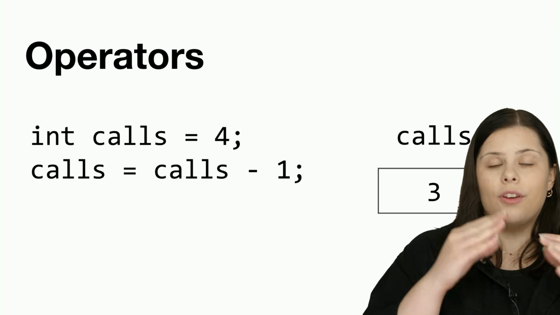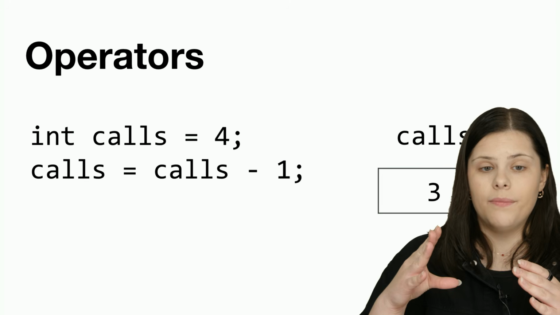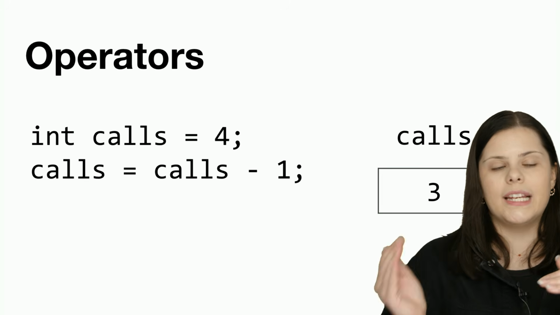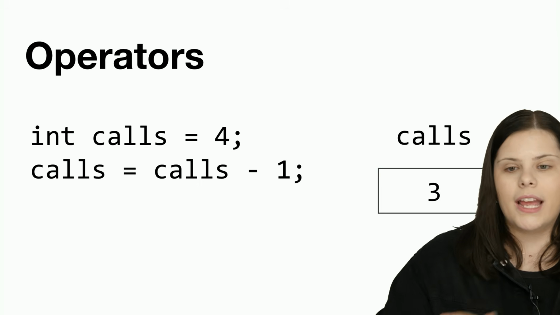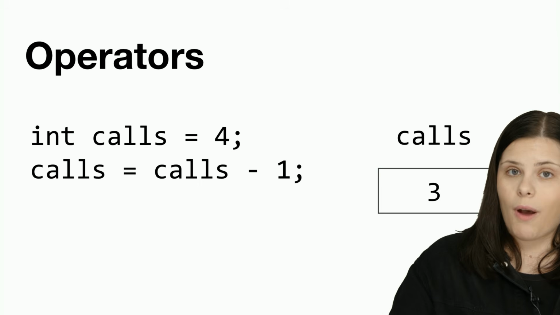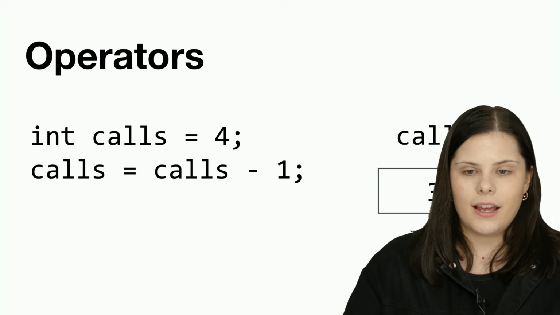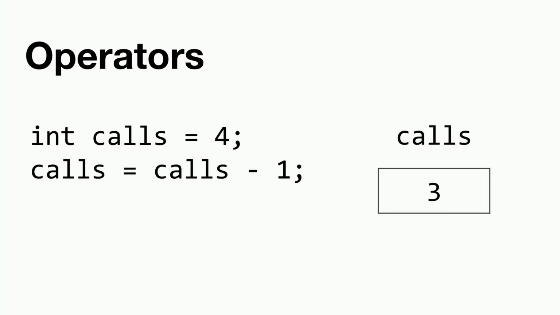And so we're doing the operation 4 - 1, which will be 3, and then assigning it back to our variable calls, creating the new box that contains value 3. And you can also use multiplication and division, the same idea of grabbing the initial value that we had, changing it, and reassigning it.